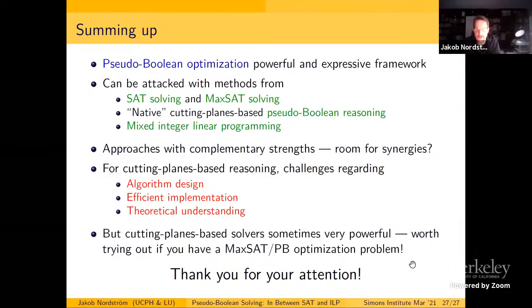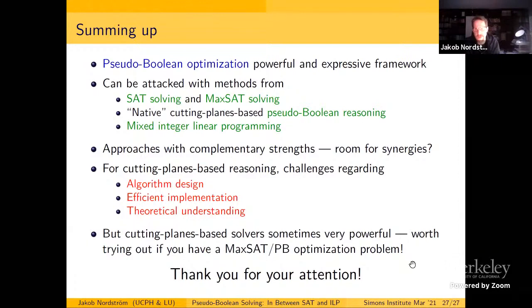I think so. One problem has been to explain how pseudo-Boolean conflict analysis works and the fact that it is exponentially more powerful. This is somehow a message that is hard to get across, but I think it's slowly sinking in. I think there are people on the MIP side who would like to do pseudo-Boolean conflict analysis, but the question is whether it will happen, because there are so many interesting questions to pursue.